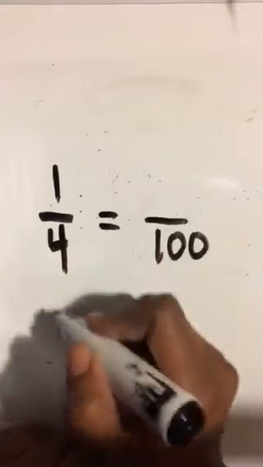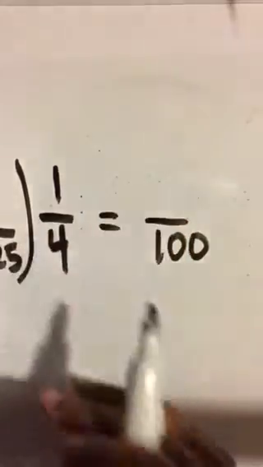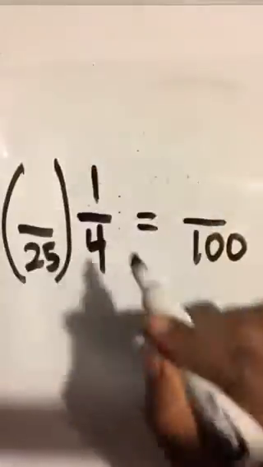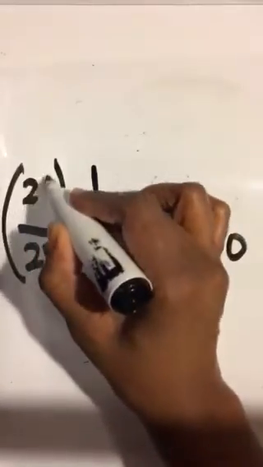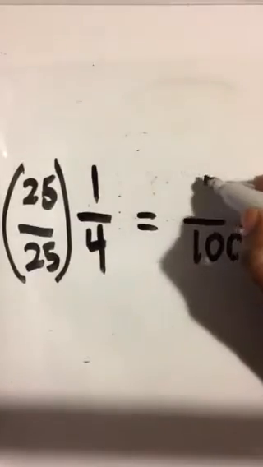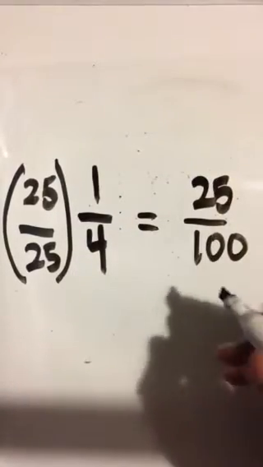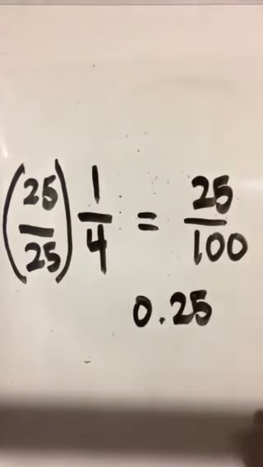That's 25. So 4 times 25 gives me 100. And whatever I do to the denominator, I have to do to the numerator. So 25 times 1 gives me 25. So 1/4 is equivalent to 25 hundredths. Say the fraction, write the decimal, 25 hundredths.